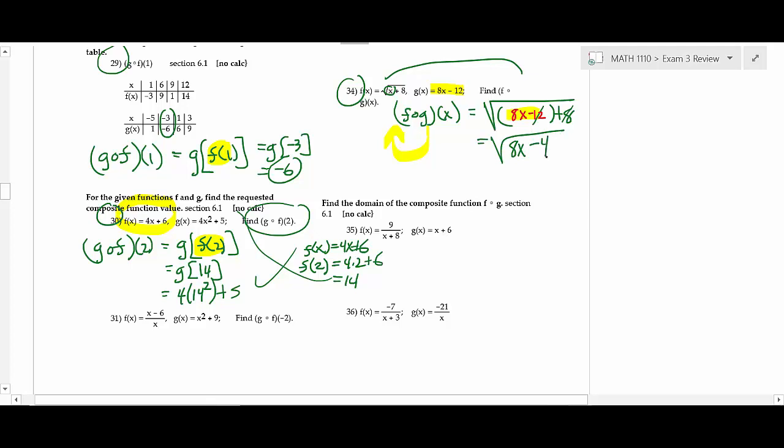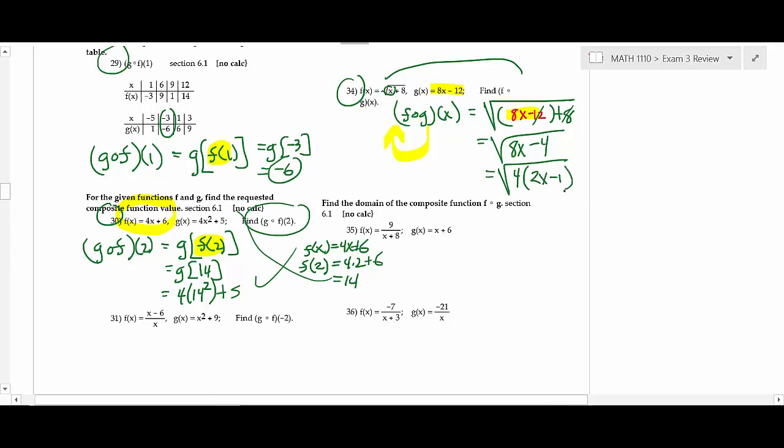Now, that one can be simplified. Any idea what you can do with the 8x minus 4? What does it look like? What's a common thing that you do with algebraic expressions? It begins with f. Factor. Okay, you can factor a 4 out. So we're going to factor a 4 out of there. Then we're going to have 2x minus 1.